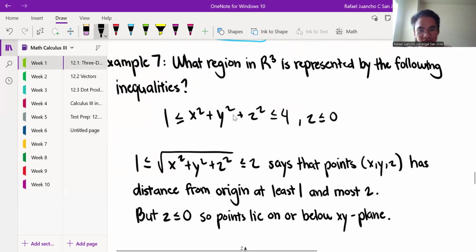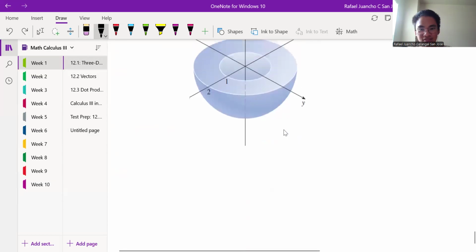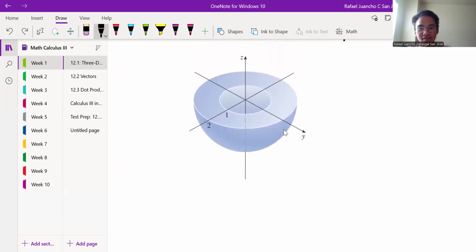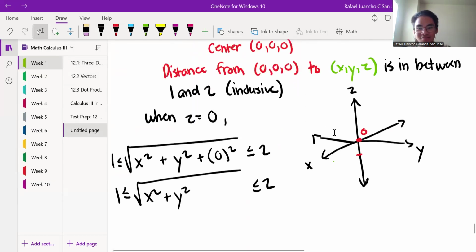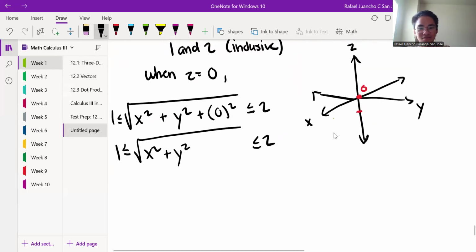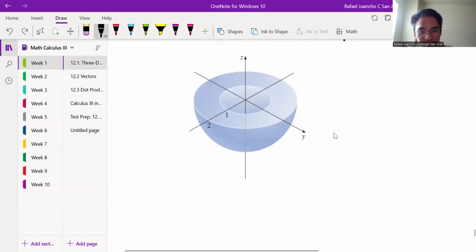And now if you look here, when z is 0, it's just an xy plane. We're just looking at it from 2D. This square root of x squared plus y squared. And let me check the... Yeah, it's just 2.